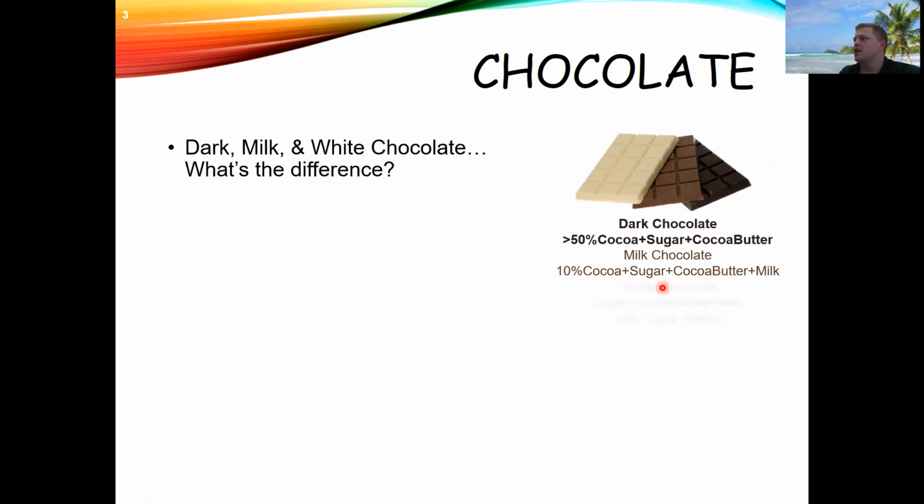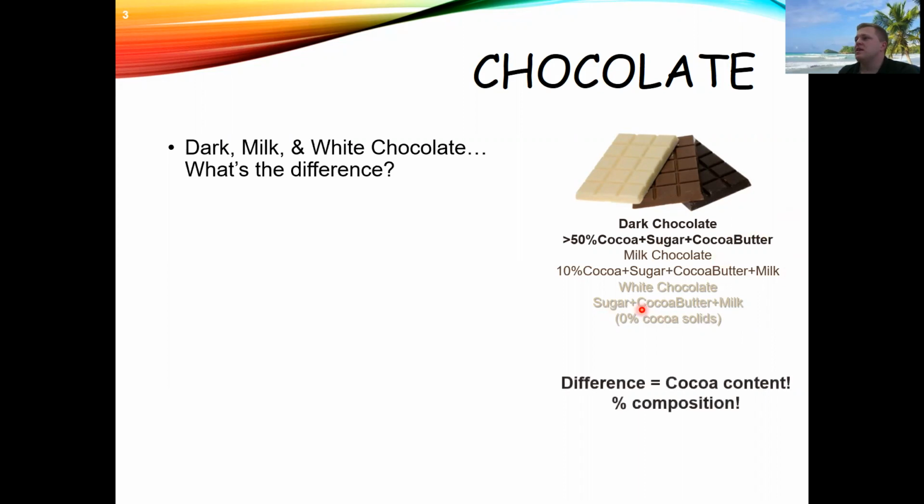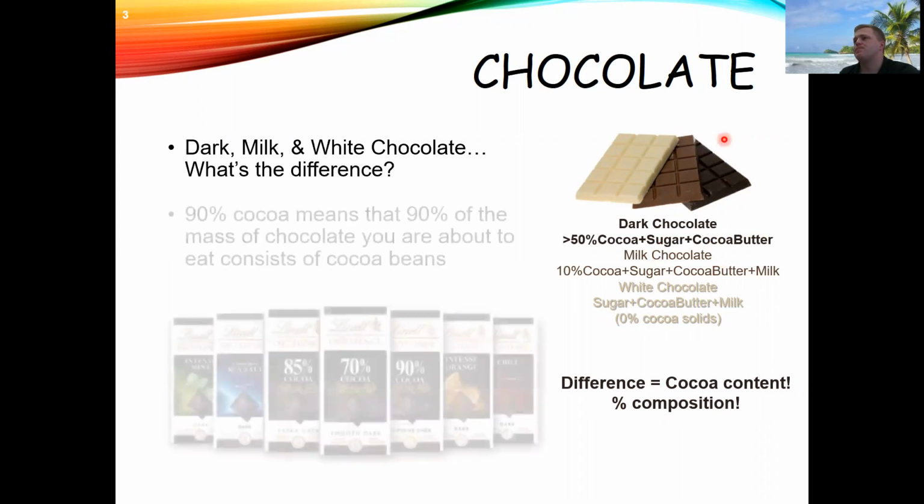And then white chocolate is actually just made of sugar, cocoa butter, and milk, and it doesn't have any cocoa powder. So what is the big difference between all of these guys? It's their percent composition, the amount of cocoa that's involved in making each of them.